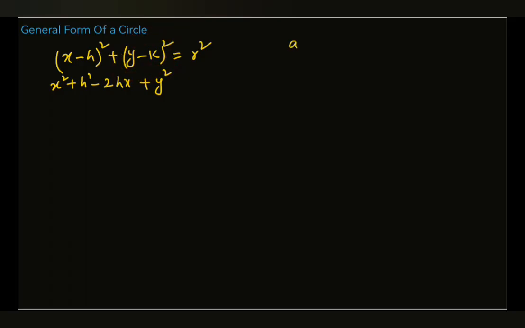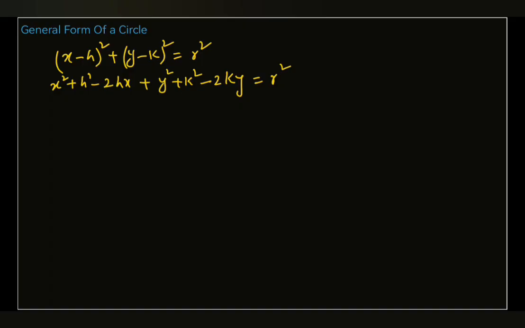So (a minus b) whole square equals a square plus b square minus 2ab. Simply we will use the formula here: y square plus k square minus 2ky, which is equal to r square.